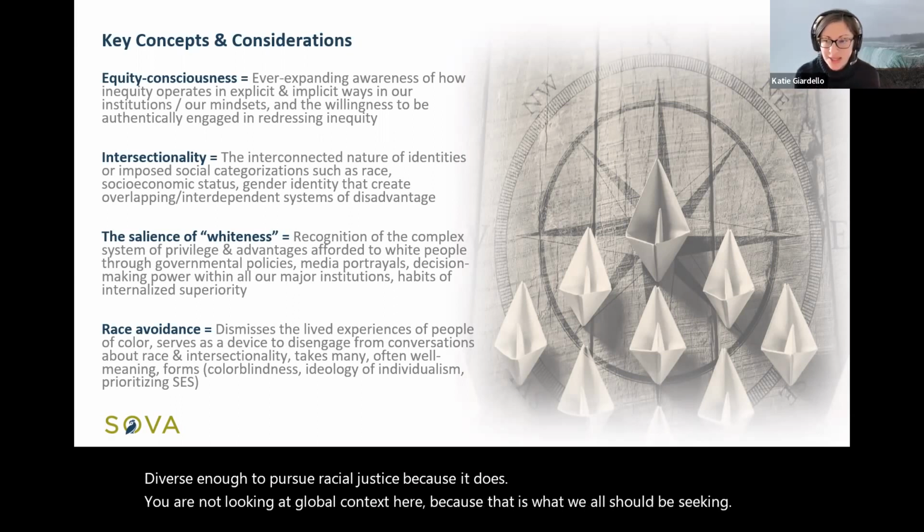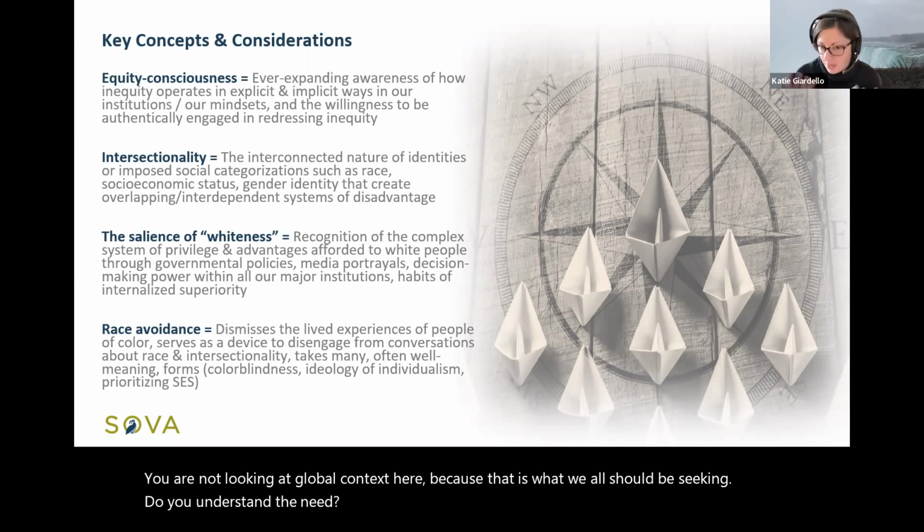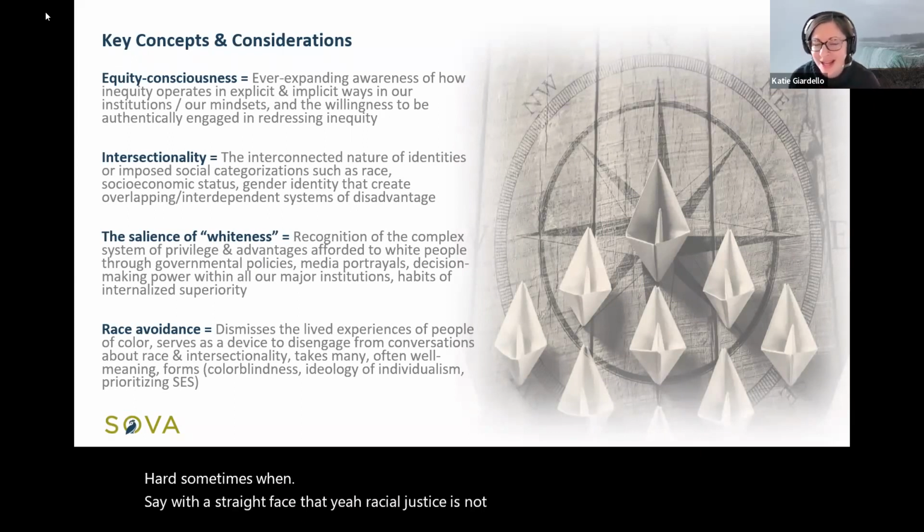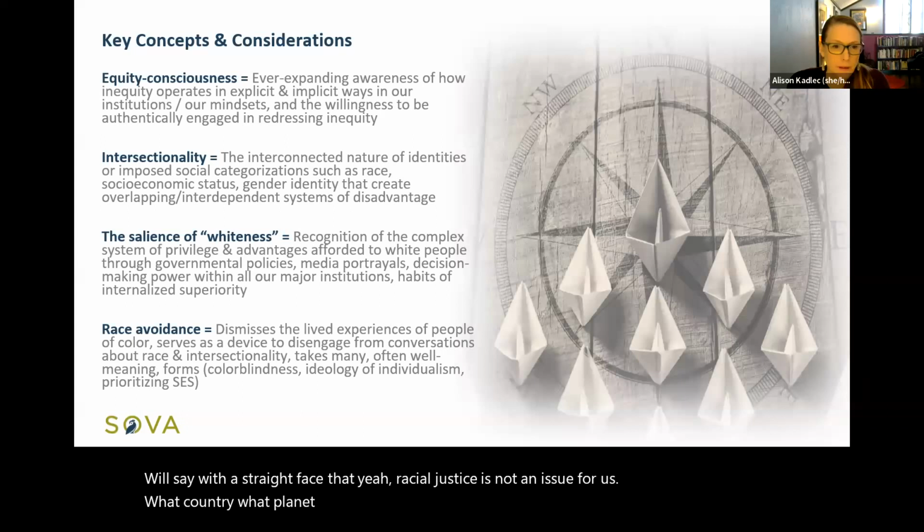I do understand the need to work locally and have appropriate local context for forward movement, but it burns my heart sometimes when some of these esteemed leaders will say with a straight face that, yeah, racial justice is not an issue for us. And I'm just like, I'm sorry, where do you live? What country? What planet? Right.